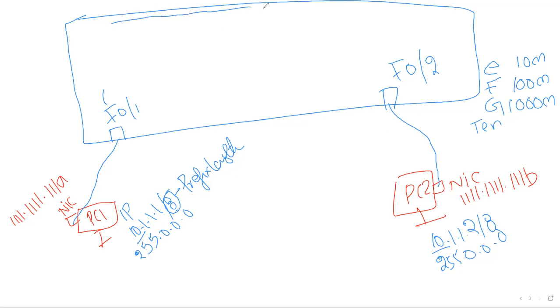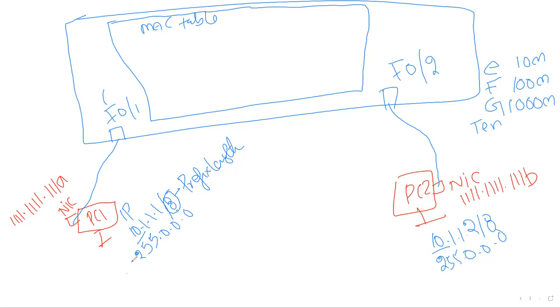The switch has a table called the MAC table. Initially, the MAC table is empty. When PC1 starts communicating to PC2, just remember the OSI layer concept. Let's say PC1 is generating a communication towards PC2. So what will happen?